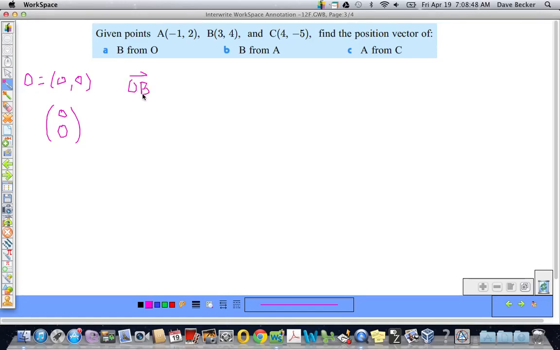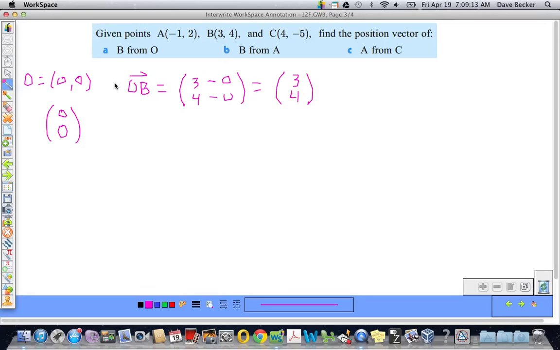That's a P, so let's make it a B. So vector OB. I'm going to take the components of the ending point of the vector, 3, 4, and I'm going to subtract the components of the starting point of the vector, 0 and 0. So this is going to be equal to 3, 4.